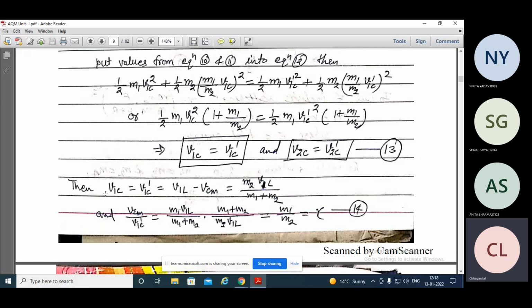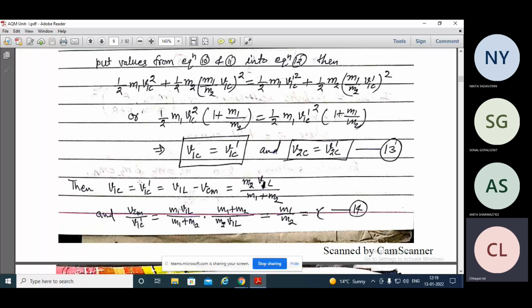Now we can calculate some other terms also. v1C equal to v1C' equal to v1L minus VCM. This term is with respect to the center of mass, so you can calculate v1C equal to v1C' equal to v1L minus VCM.